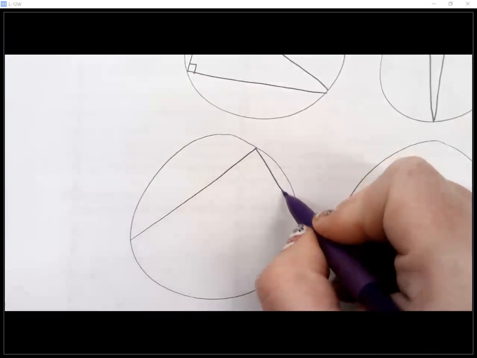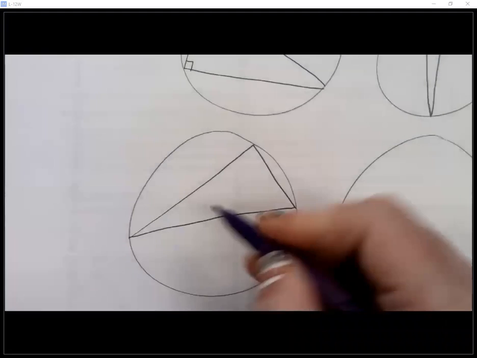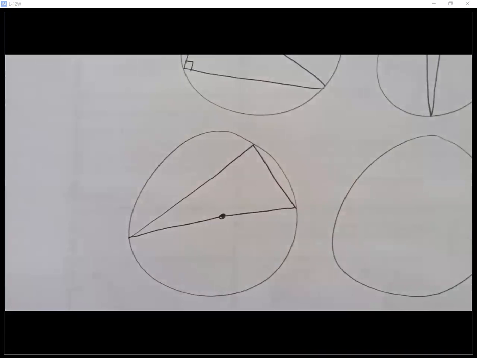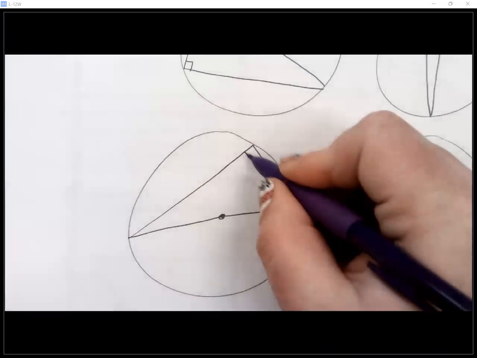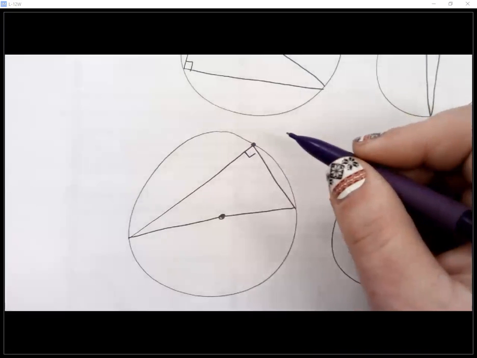And when you draw that hypotenuse, the claim is that that hypotenuse is always going to be a diameter. But wait, doesn't it actually make sense? If this is going to be 90 degrees, isn't this an inscribed angle? Right?